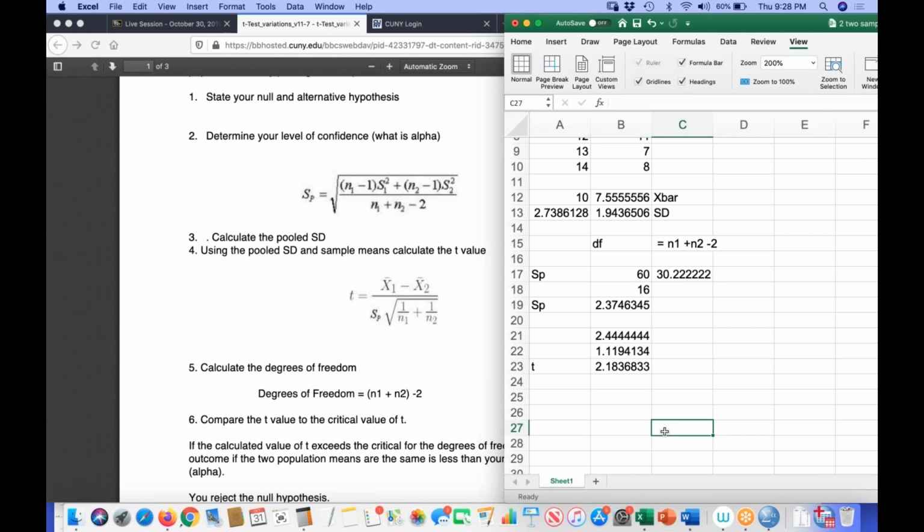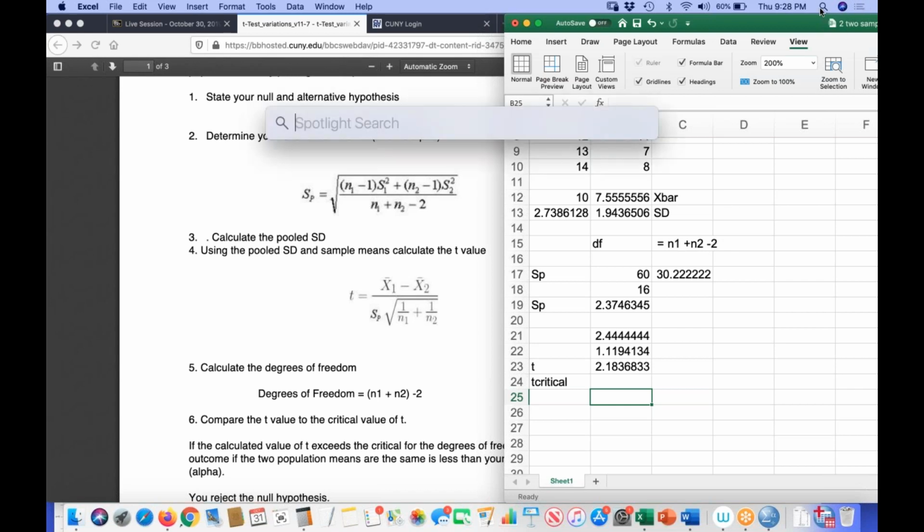Now the question becomes, can I reject my null hypothesis? In order to reject my null hypothesis, I have to know t critical. What's our degrees of freedom? n1 plus n2 minus 2, which is 18 minus 2, so 16 is our degrees of freedom. So we go to our t table.